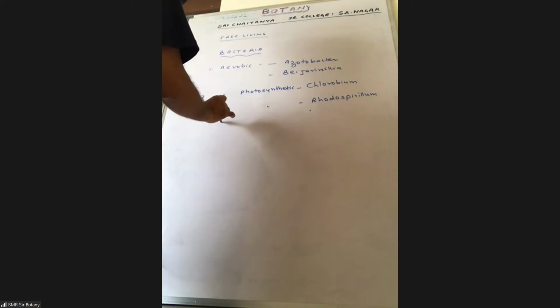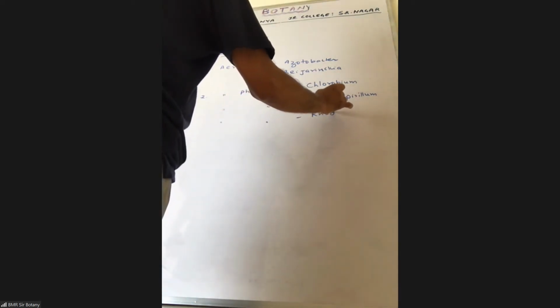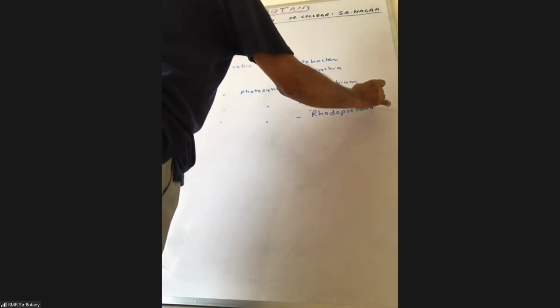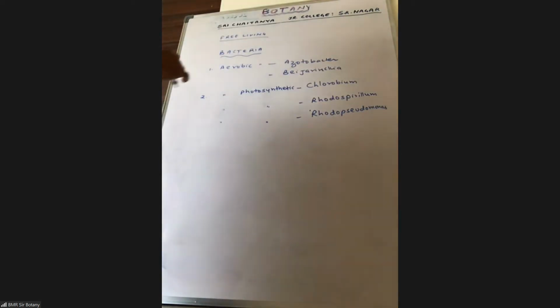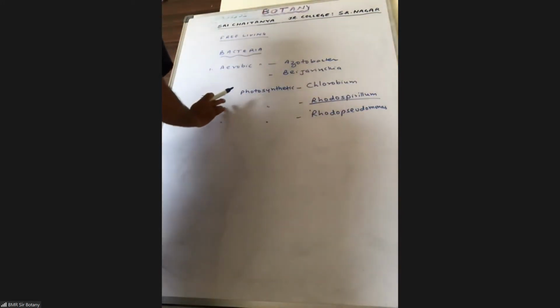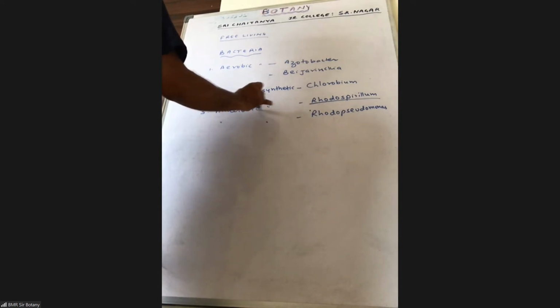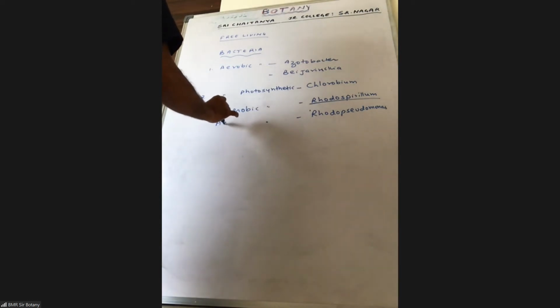And 3 I gave you was Rhodopseudomonas. Okay? Here the thing is, Rhodospirillum is strictly an anaerobe. That is the thing. Better you write it this way: anaerobic photosynthetic.